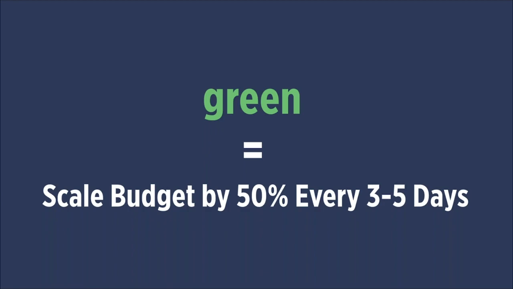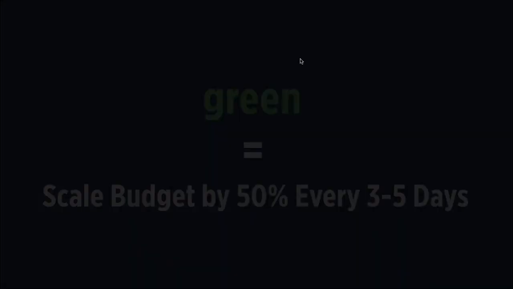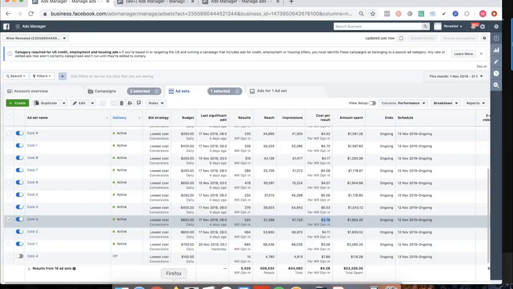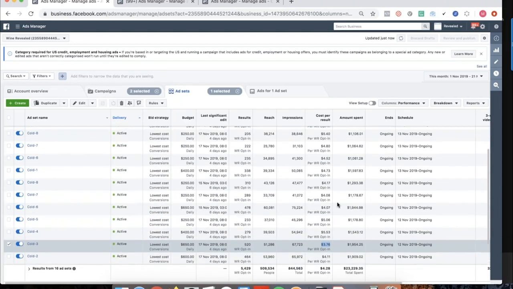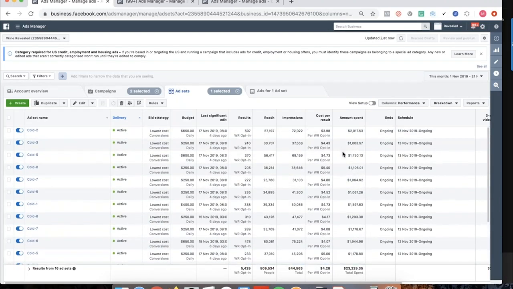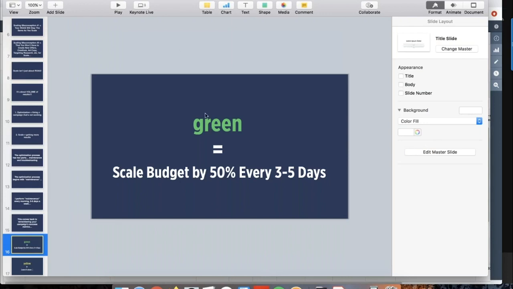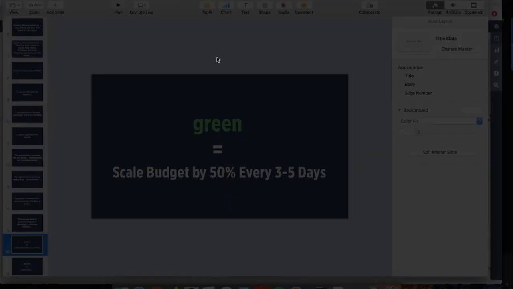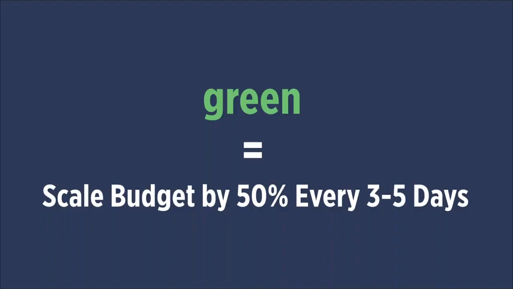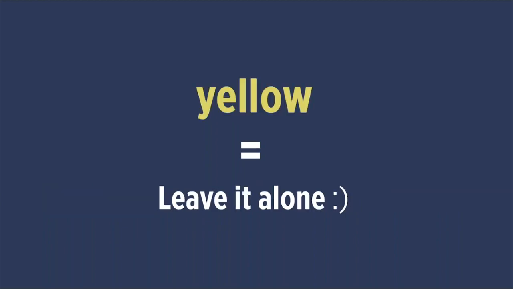So keep in mind, I am logging in every morning just to look at these campaigns and to make sure everything looks okay. And I note on a notepad which ad sets I increase in budget when, so I know how many days it's been since I increased it. And then I just note which of them are still in the green area and which of them need to be increased on which day.